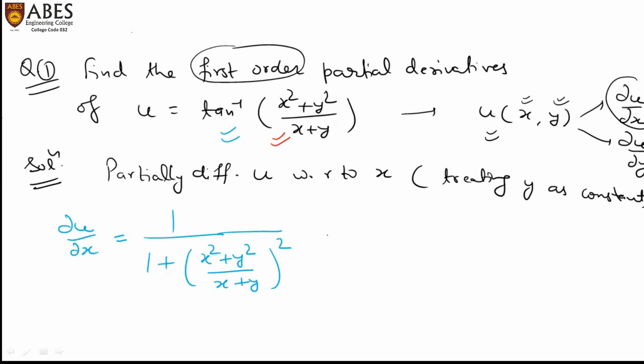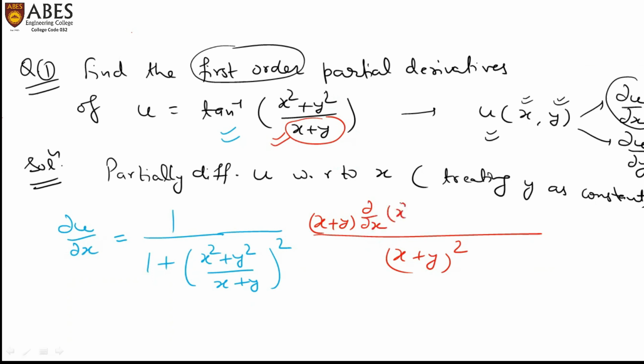So we will apply the division rule. For the division rule, the denominator is (x plus y) whole square, and now in the numerator, x plus y is the same, but we take the partial derivative of the numerator x square plus y square with respect to x, minus, obviously we are applying the division rule, correct?